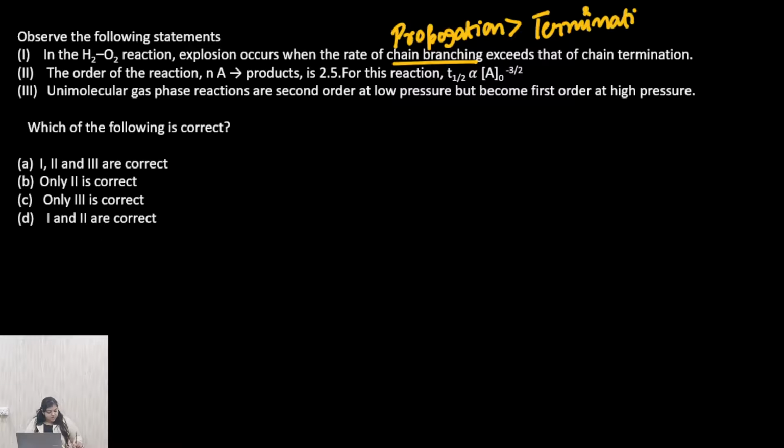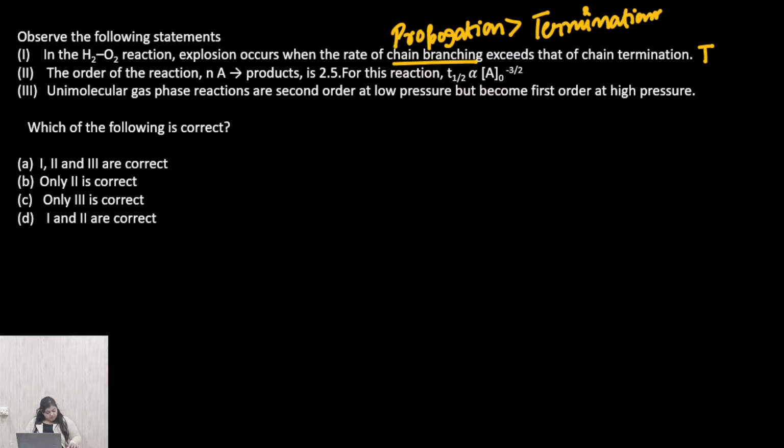So the species are being formed during the propagation process, but they are not combining. The reaction is not terminating, which means obviously the species will be more, so the chances of explosion are high. So this statement is the correct one. When the chain propagation rate is more than that of termination, explosion is possible in the H2-O2 reaction. Okay.